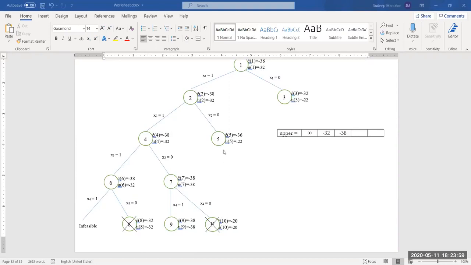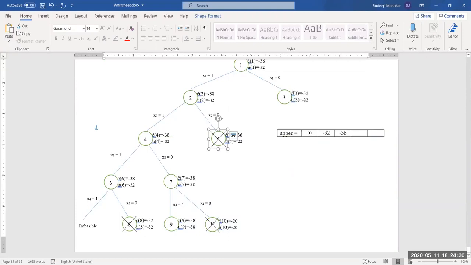So check with node number 5 whether C of 5 is greater than upper. Minus 36 is greater than minus 38. It is true. Therefore, we have to kill that node also, node number 5. Then see if there is any other live node left. Node number 3 is left.